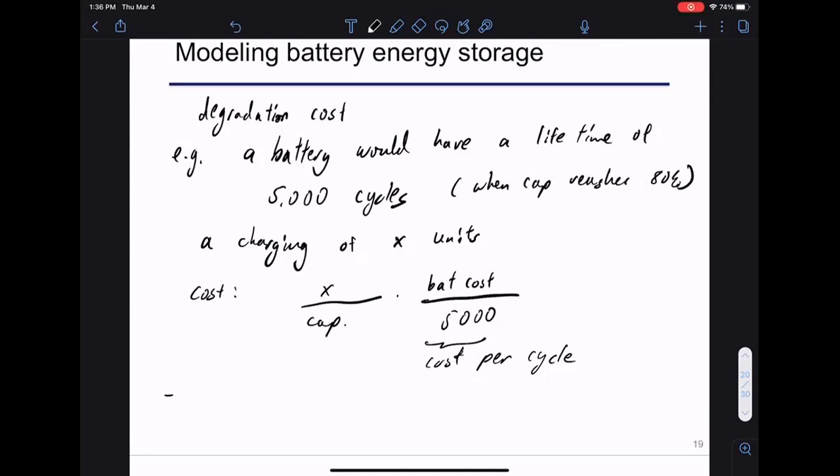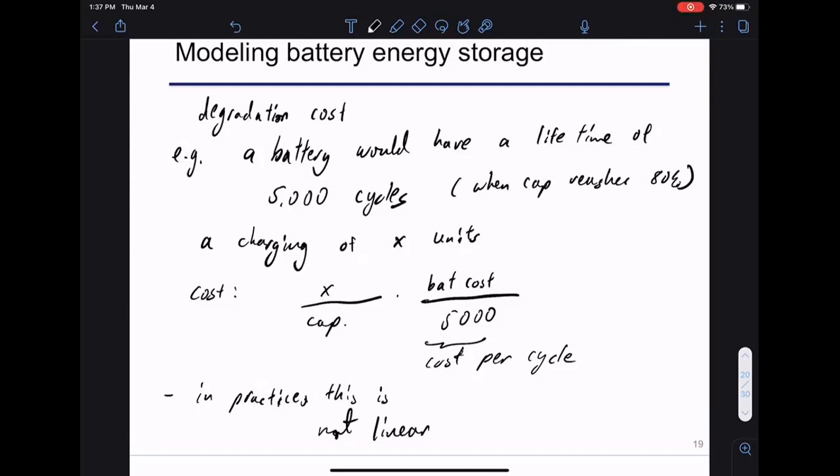But for now, we will ignore the nonlinear part of it. We'll think of it as linearly proportional to the cycle depths, and this is the way we'll account for cost. So in practice it's actually nonlinear, but here we're thinking linear.